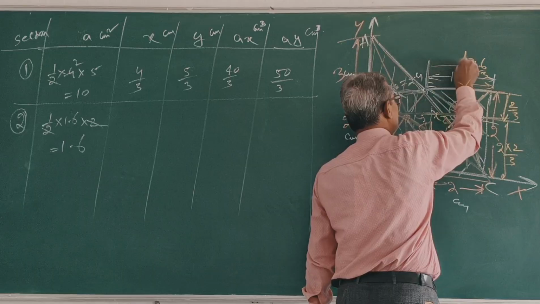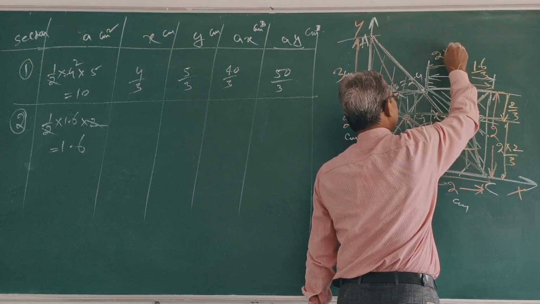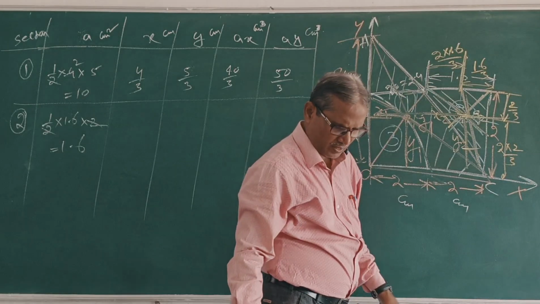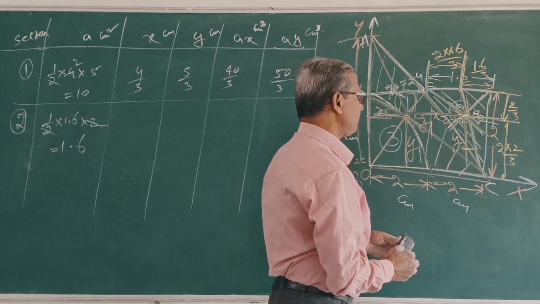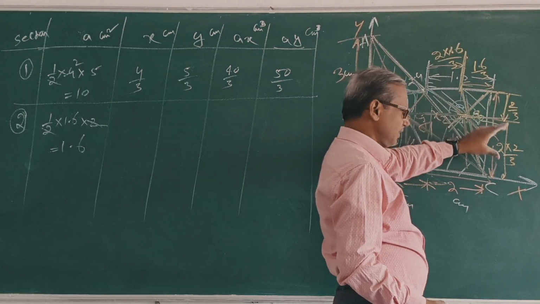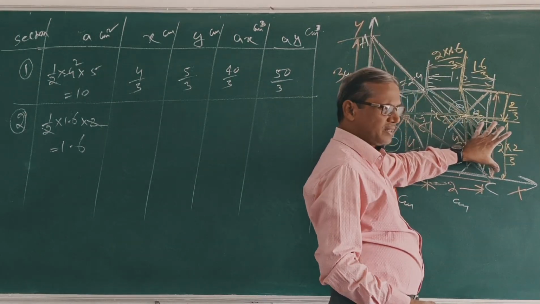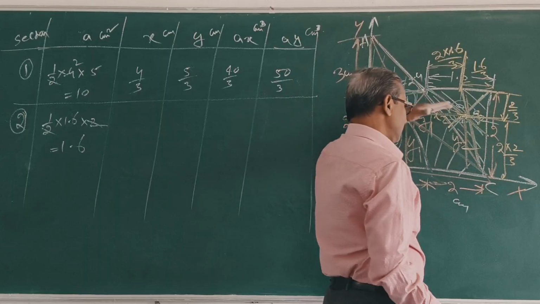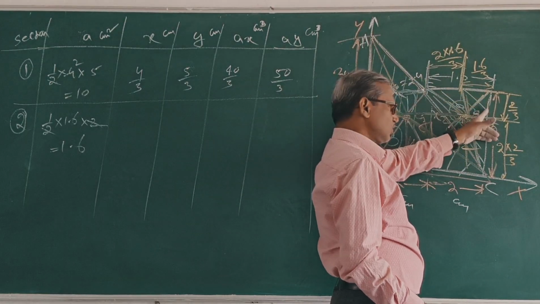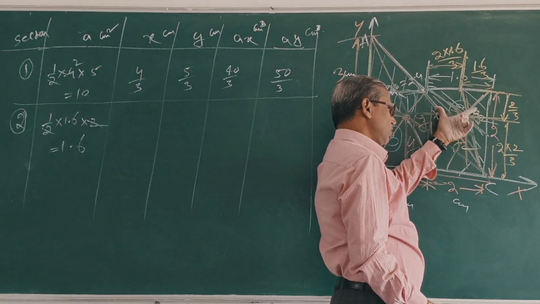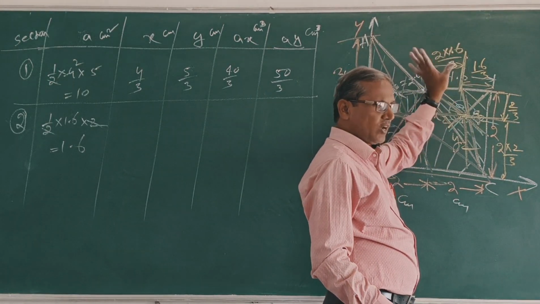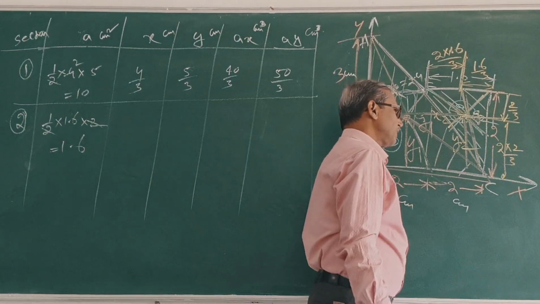This length 2H by 3. 2 into 1.6 by 3. Clear? H by 3 from the base. This is base. This H by 3. Height 2 by 3. This apex point 2H by 3. 2 into 2 by 3. For calculate this length, this is base, this is height. So from base, H by 3, 1.6 by 3. From apex, 2H by 3, 2 into 1.6 by 3. Clear?